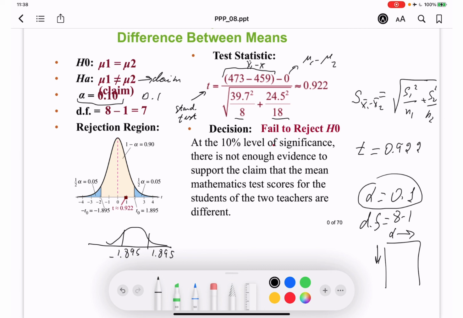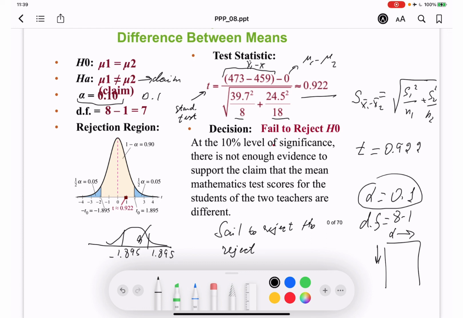As a result, t critical should be plus minus 1.895, and our standardized test is 0.922, which is falling in this area, which means we fail to reject the null hypothesis. What's happening in all three problems we solved? We all failed to reject the null hypothesis, which means we reject the alternative, our claim.